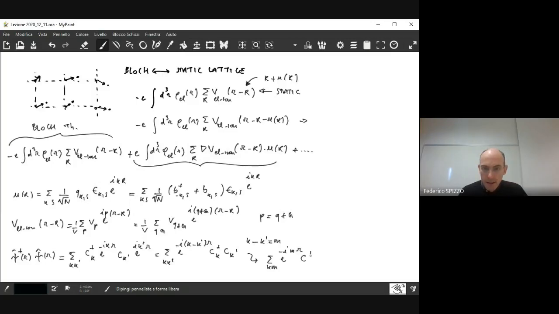Then we have the creation operator of m plus k, destruction of k. Here you may replace k by m plus k prime, and then you may change the name from k prime to k.